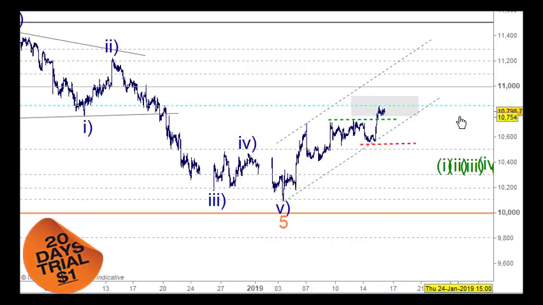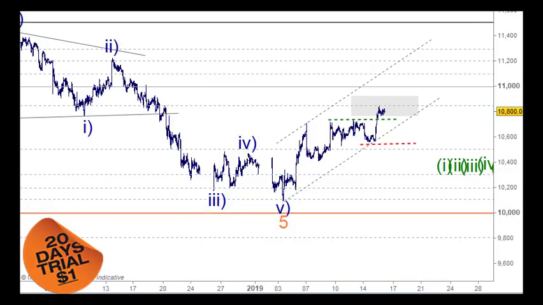Then we've got a lot of supply over here. Supply just means sellers. So there's going to be resistance in amongst all of this. So we're not free to go really until we've got 11,000 as support, but we just wanted to get in a little bit early here, keep the stop out of the way, and if the market's going to climb higher, then we can move on a little bit.